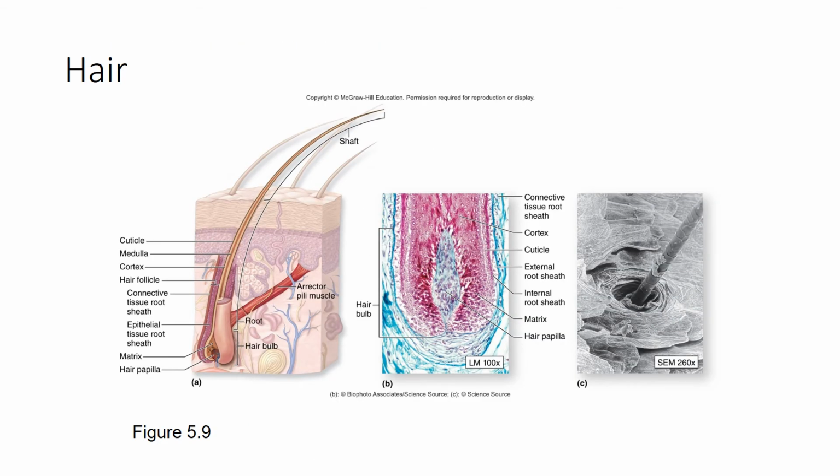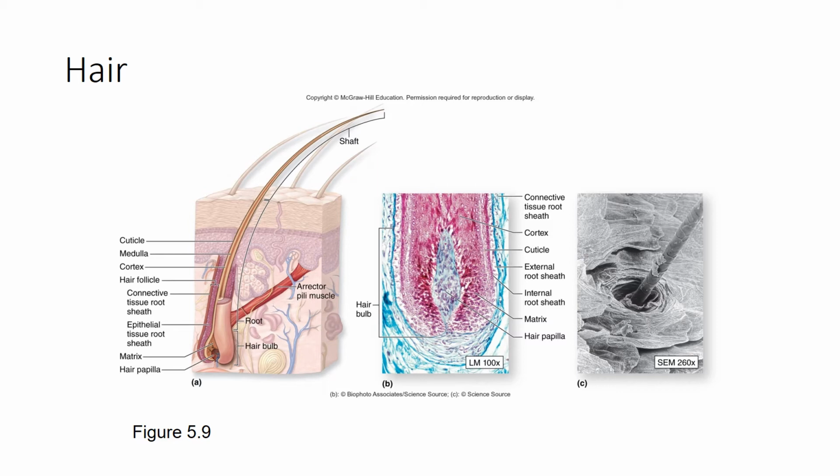The second accessory structure of our integumentary system is hair. Hair is composed of columns of keratinocytes that grow from follicles found deep within the dermis or sometimes as deep as the hypodermis. We find three different regions or zones within hair, from deep to superficial.